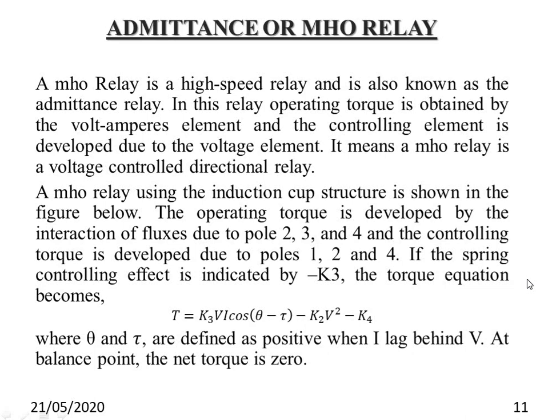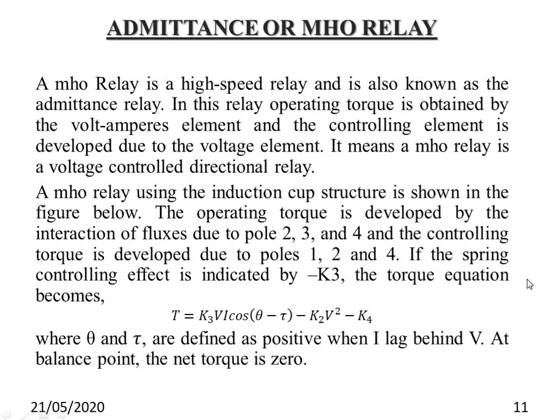Wherever the current coil is present, that means the current I value is present, definitely that term will produce the operating torque. In the impedance relay you can see K1 I square produces the operating torque. Also in the reactance relay you can see two coils, one coil having the Vi and another coil having only I square. So which one has I higher? I square is higher, so K1 I square gives the operating torque.